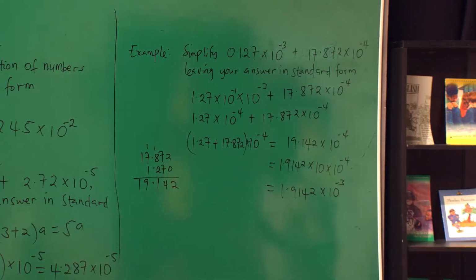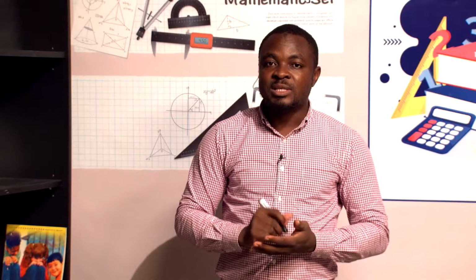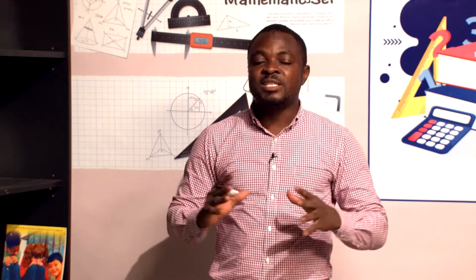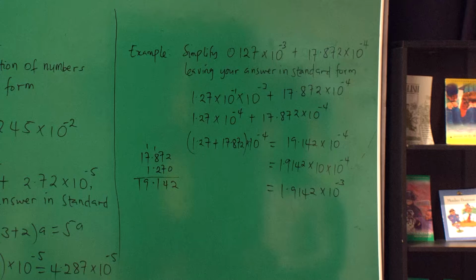So viewers, as I told you earlier, the second example is carrying terms that do not look alike. They are unlike terms. You have 10 exponent negative 3 in the first term and 10 exponent negative 4 in the second. You cannot add the two.